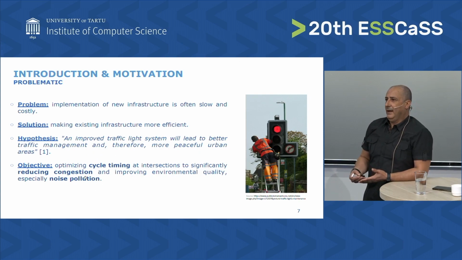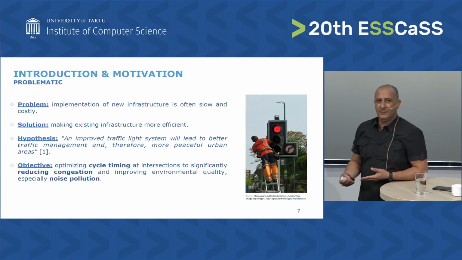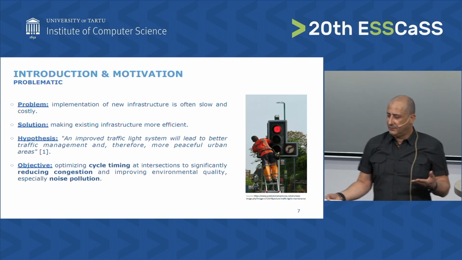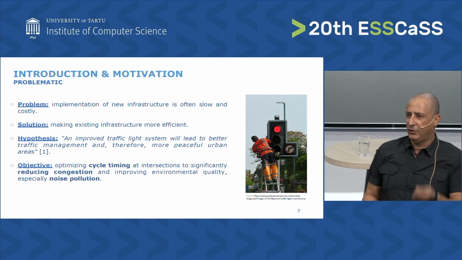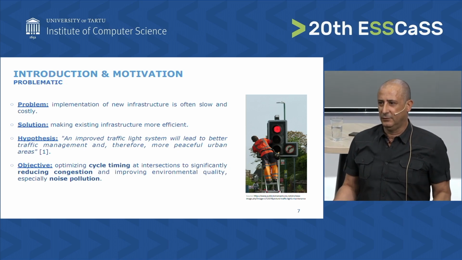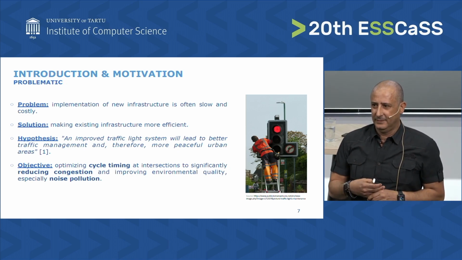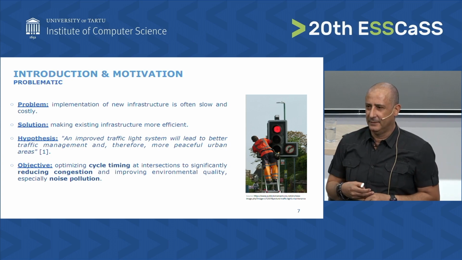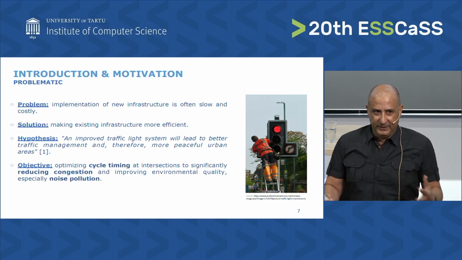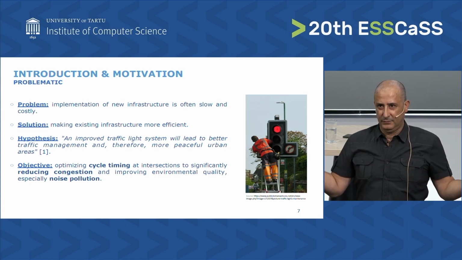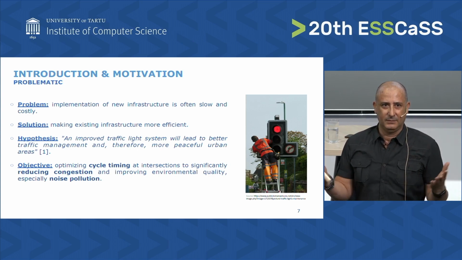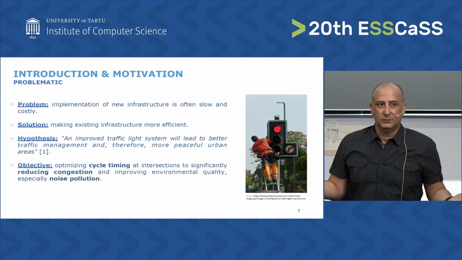But is this optimization of cycle timing, do you think, the magic one that will remove congestion? Up to you, is it sufficient to optimize the cycle timing to remove it?